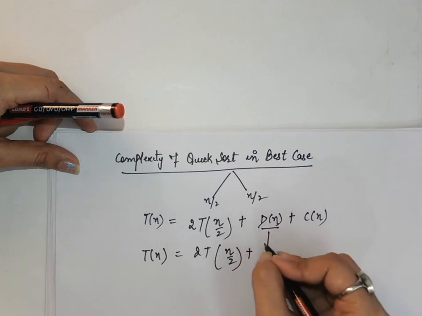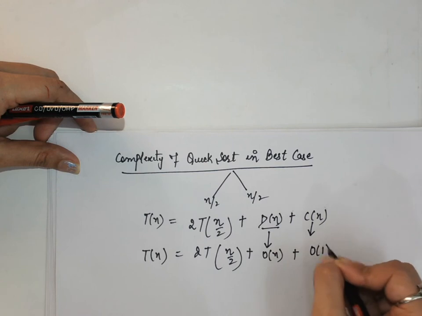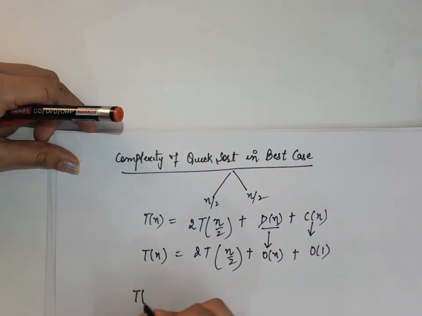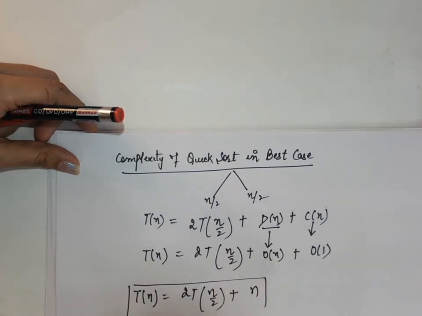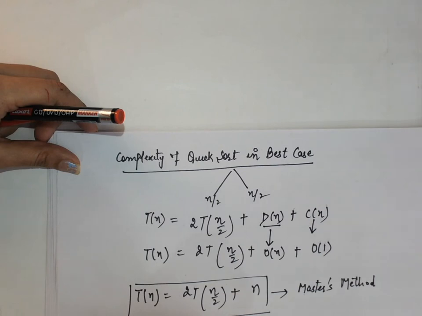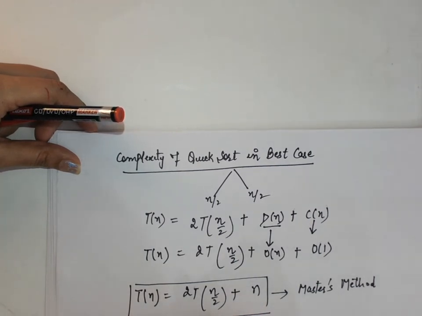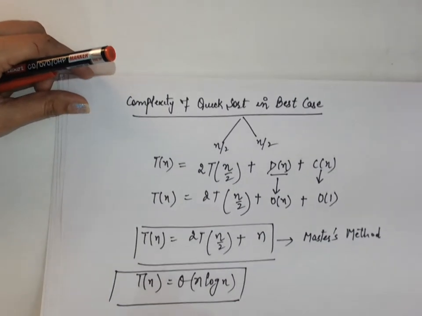This is the time for partitioning the array, that is n. There is no time for combining the array, that is equal to 1. So if I solve this recurrence with the help of master's method, my time would be equal to n log n. This is my complexity in best case.